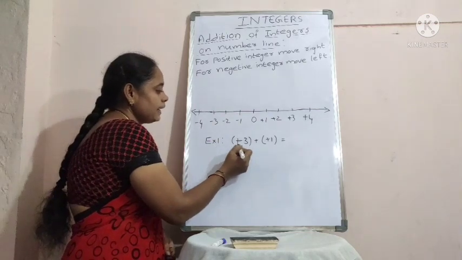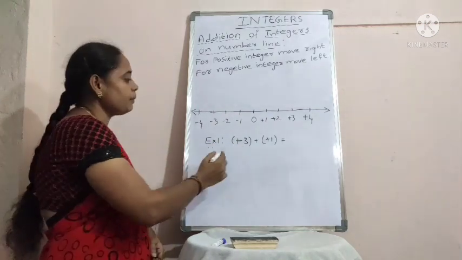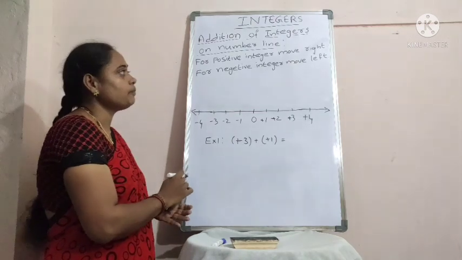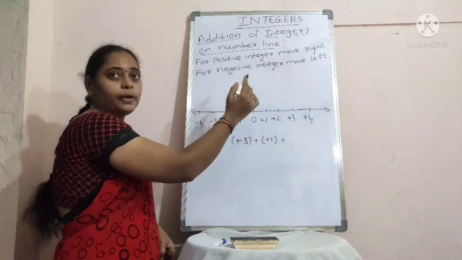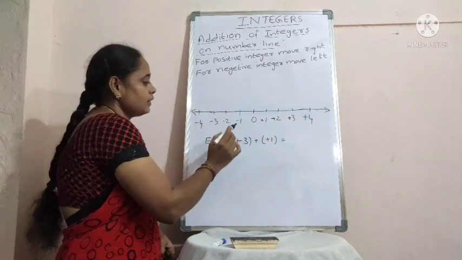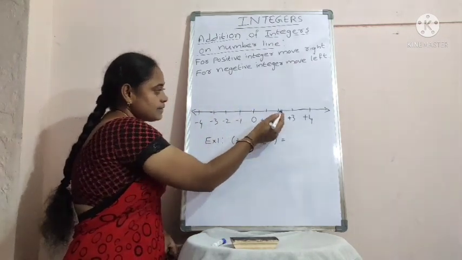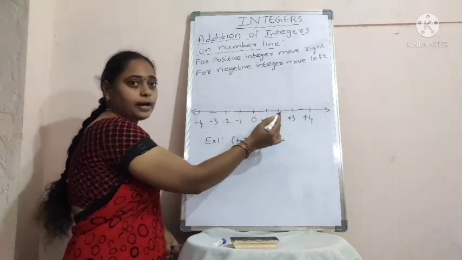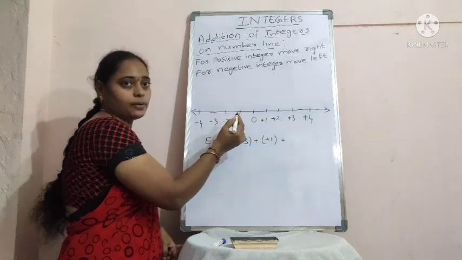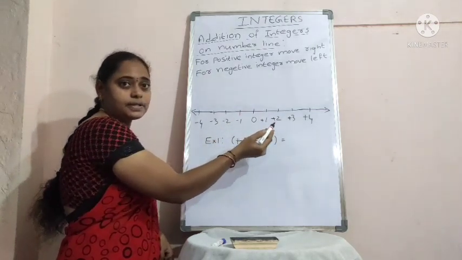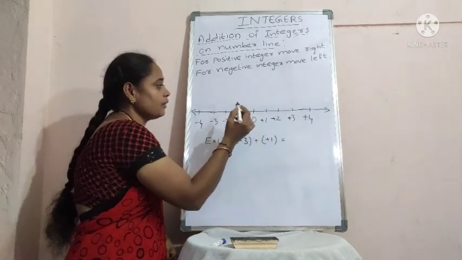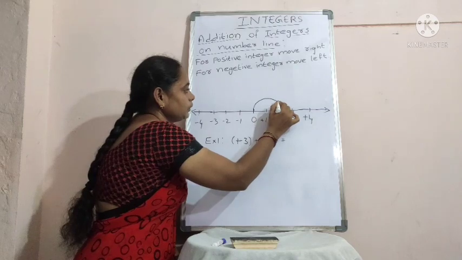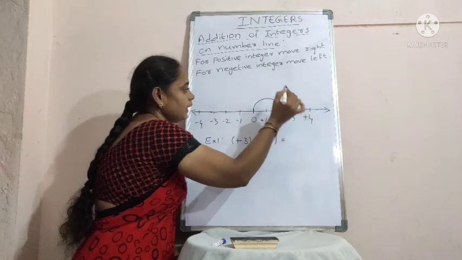Here +3 is positive integer. For positive integer, we move right. To reach +3, we move 3 steps from right side of 0. 1, 2, 3.